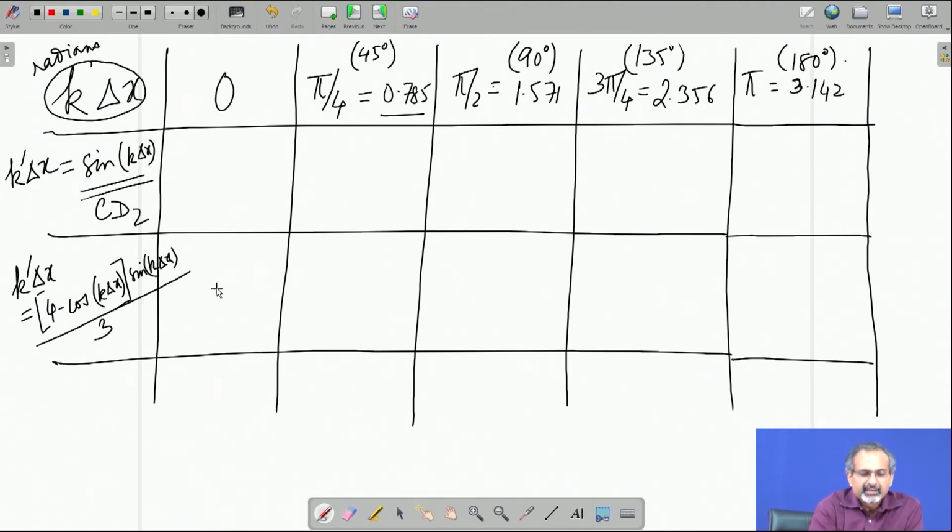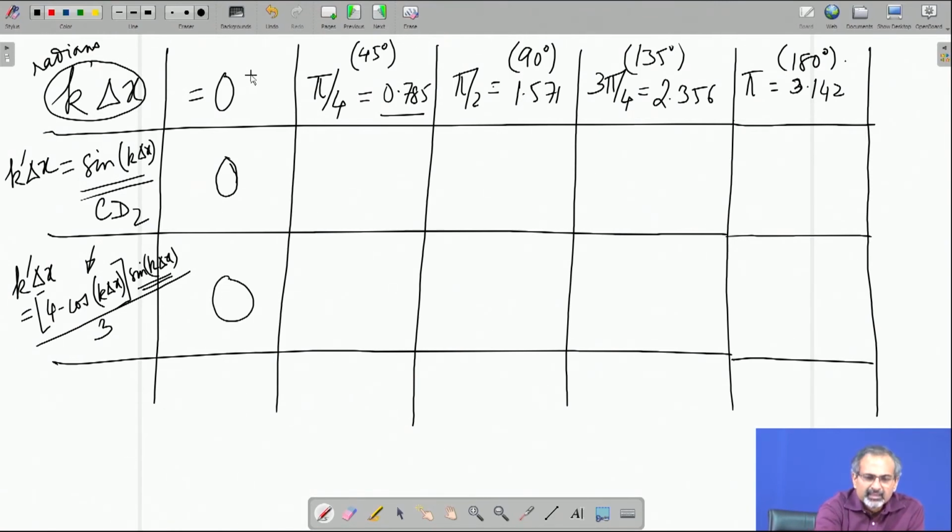Now, as you can understand, when k delta x is equal to 0, this is going to yield a 0. How about this? You will get a 4 minus 1 because cos 0 is 1, but then it gets multiplied with sin k delta x, which is 0. So, finally, you will get a 0 here.